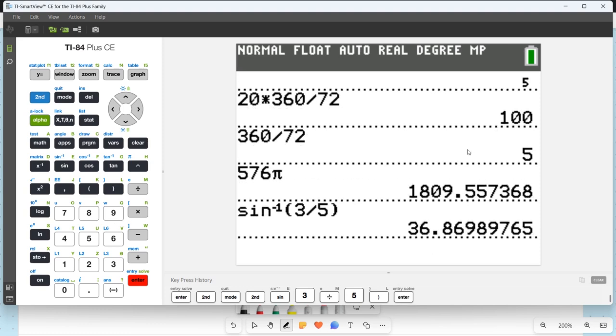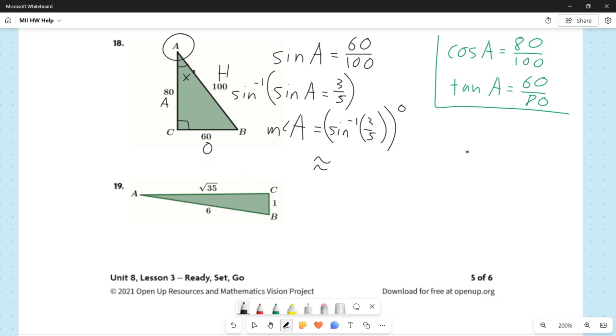And my answer is 36.87 degrees. So here, this is approximately 36.87 degrees. So we have our exact and kind of ugly looking answer, and then we have our approximate but relatively straightforward answer. Both of them are in degrees.